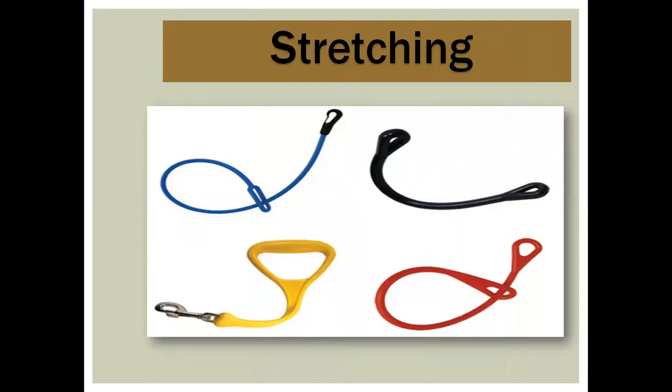Mostly the things that are made of rubber are used to stretch. We can only stretch those things that have elasticity. So here are some of the things you can see on the screen that are used to stretch things, okay?